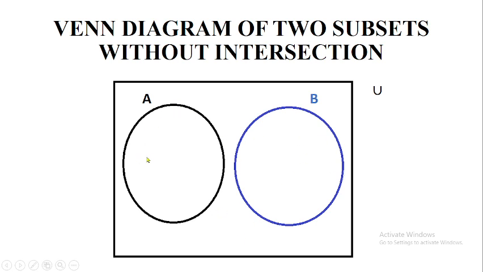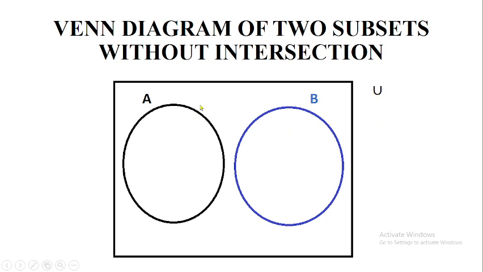Both set A and set B are inside the universal set. That means set A and set B are subsets of the universal set. I hope you understand that. That means their elements are also inside the universal set.